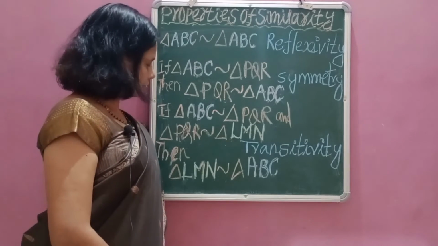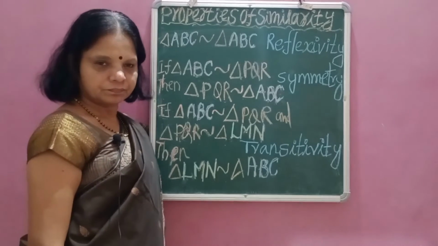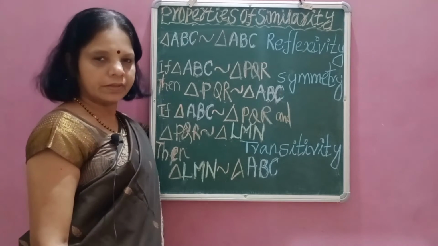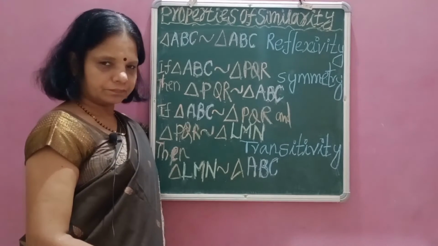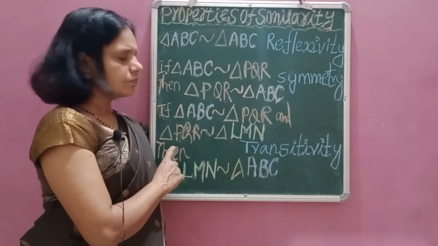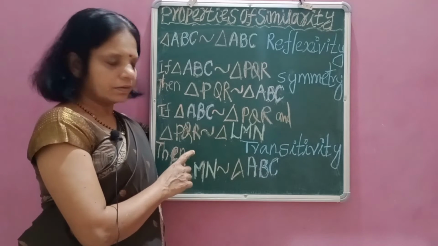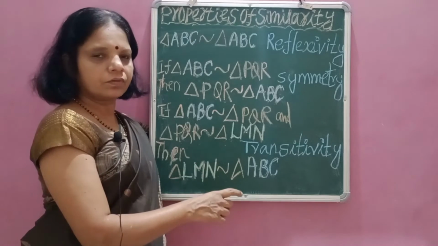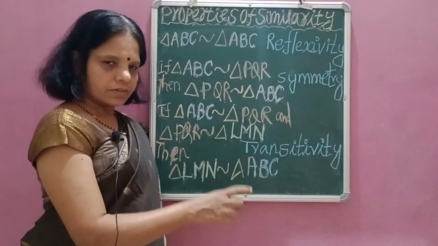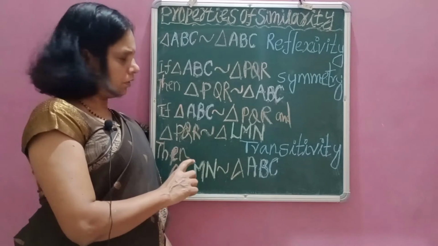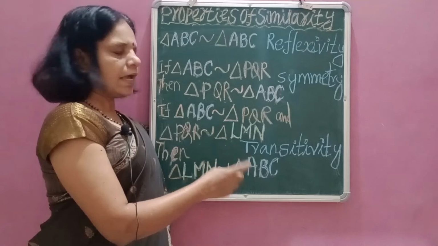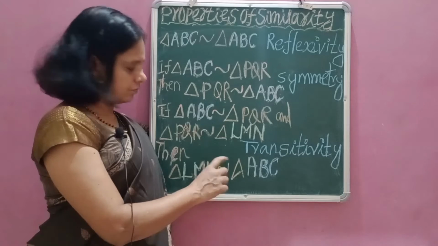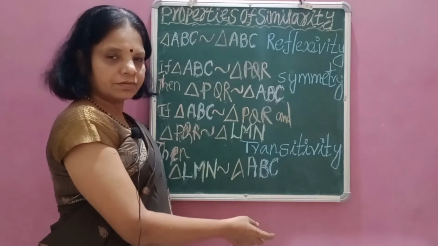Next one, there are three triangles. Triangle ABC, triangle PQR and triangle LMN. What is the property? If triangle ABC is similar to triangle PQR and triangle PQR is similar to triangle LMN, then triangle LMN is similar to triangle ABC.